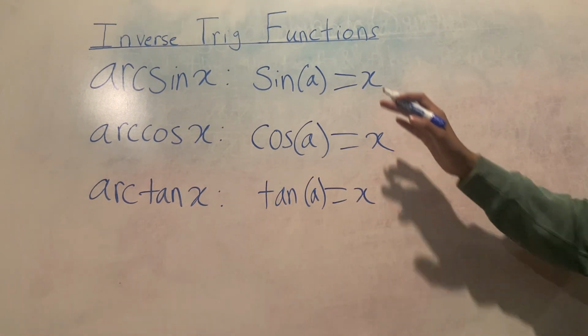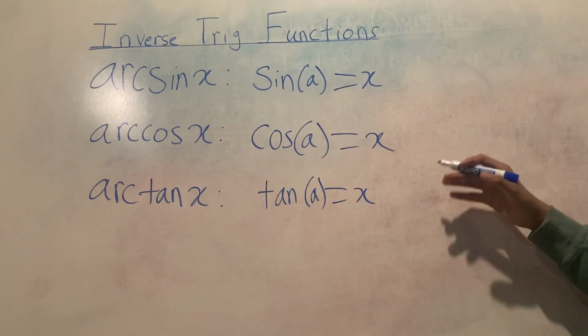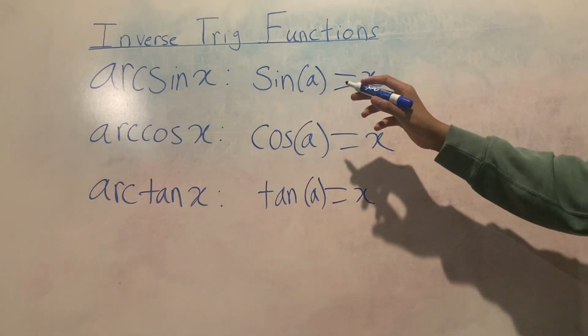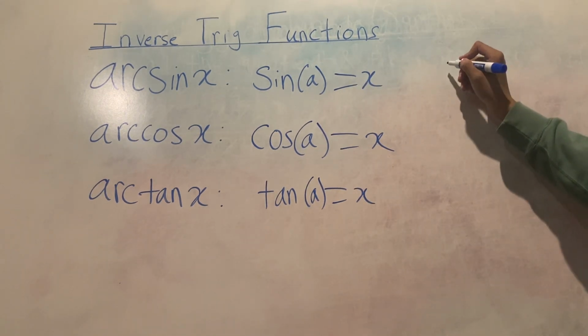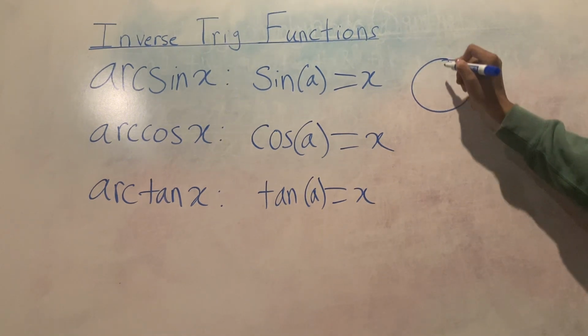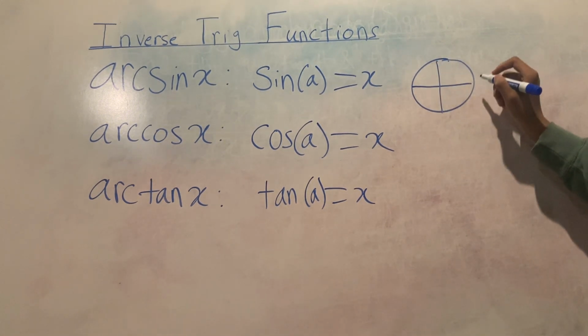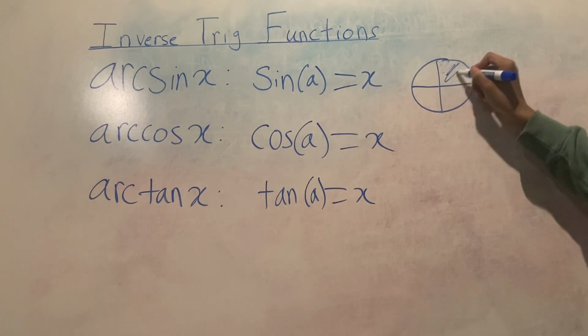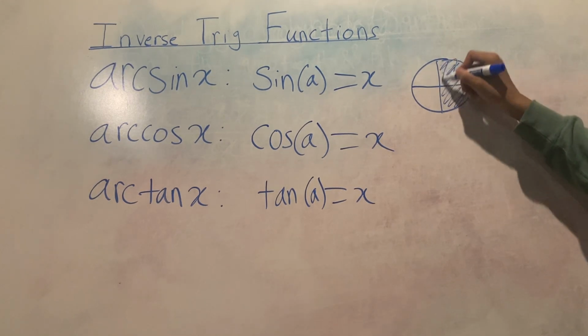Also, something interesting about the inverse functions is that they have a restricted domain. So the domain for arc sine is only between negative pi over 2 and pi over 2, so only in these quadrants right here.